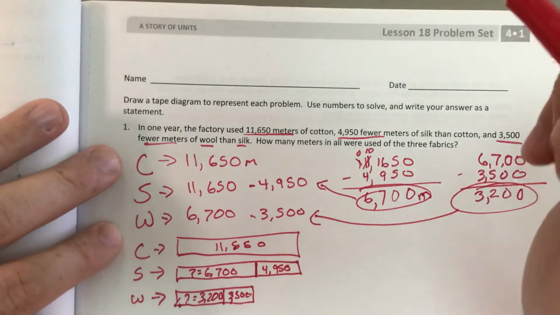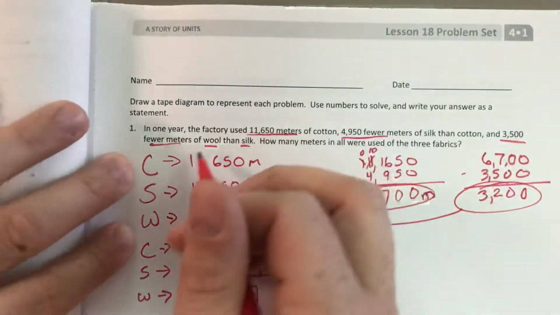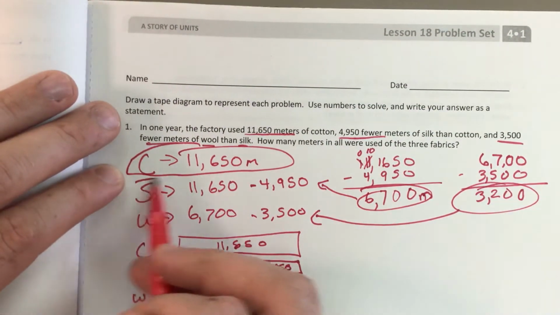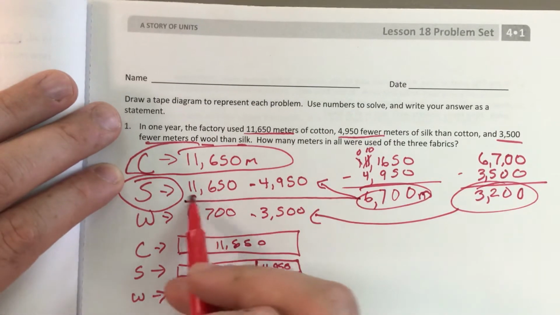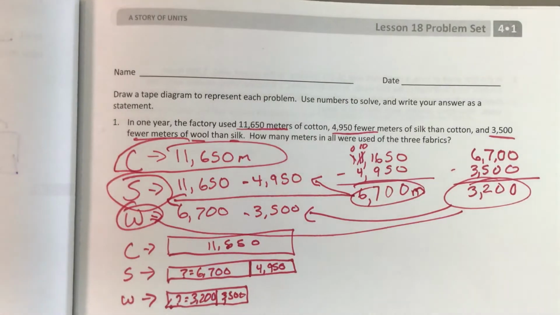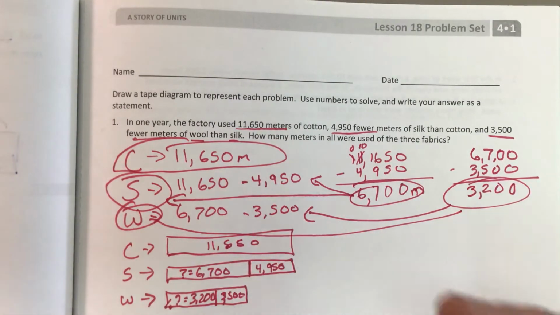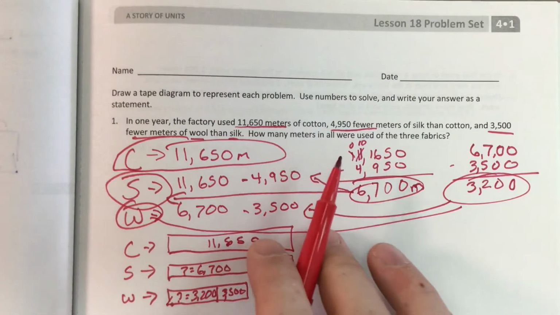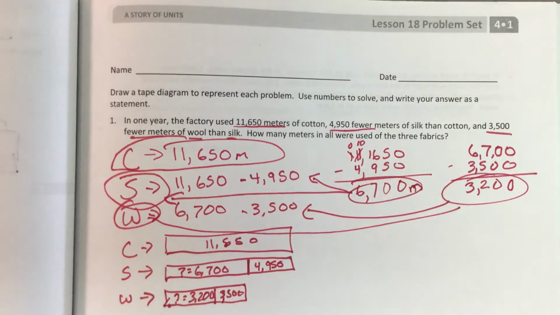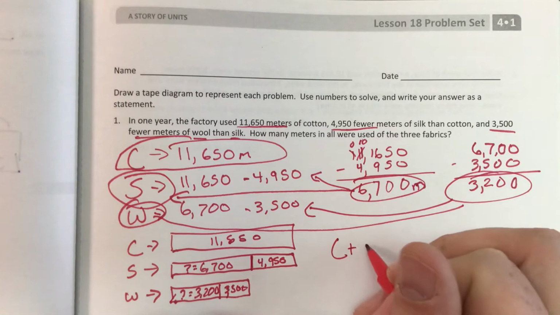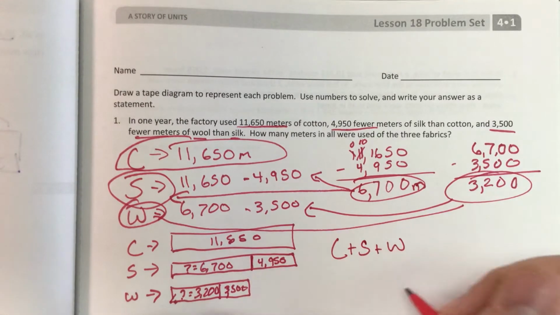But I do now know my cotton amount, my silk amount, and my wool amount. We just did all of the problem gathering. The question asks me, how many meters in all were used of the three fabrics? To do that, I need to do cotton plus silk plus wool.